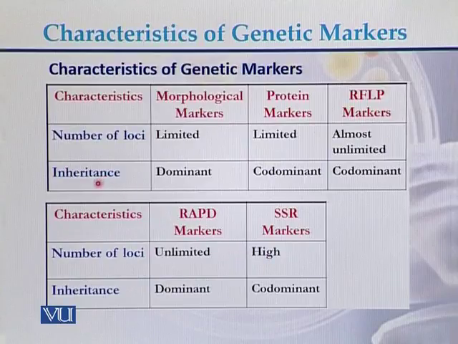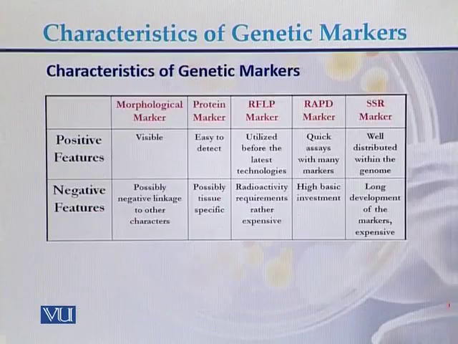In case of inheritance, morphological markers are dominant, protein markers are codominant, and RFLP is also codominant. Inheritance in RAPD markers is usually dominant, while in SSR markers it is codominant. So these are some of the general characteristics of the genetic markers.